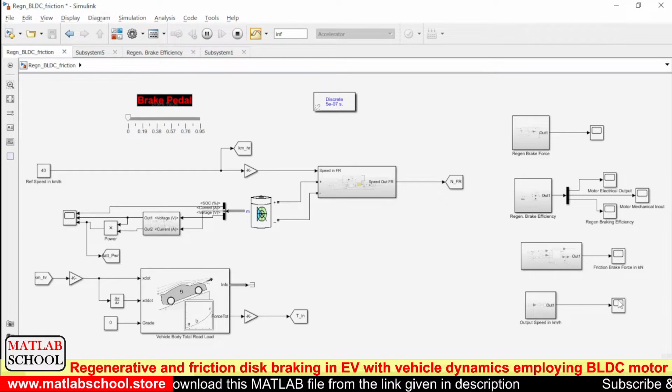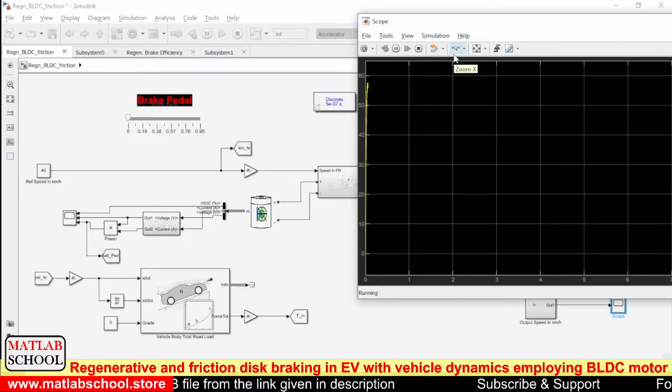Let us open the speed. Yes, we have given a speed of 40. So there's an initial overshoot and it will settle at 40 kilometer per hour. This is the rated speed or the reference speed.